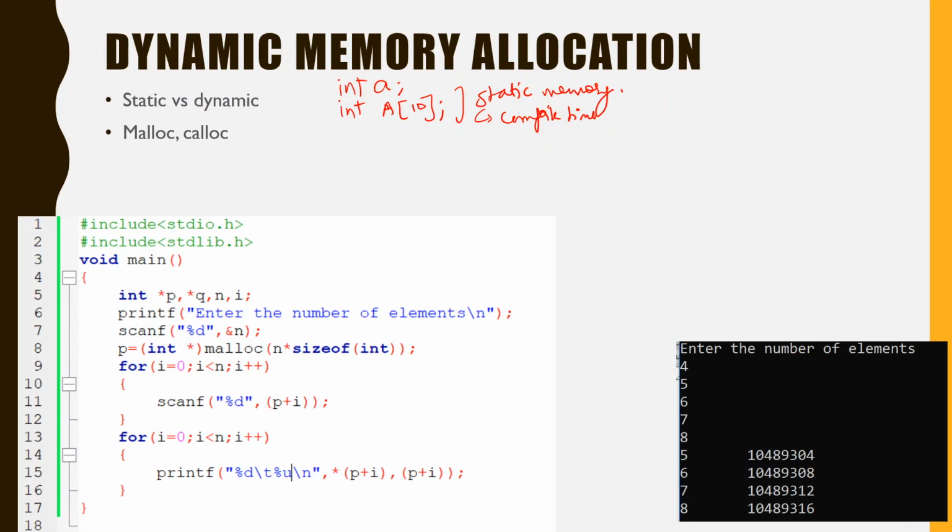Suppose you have declared an array of 10 elements, and you have used only 2 elements of them during the program. The remaining space for the 8 elements, which was statically allocated during compilation, will get wasted in the program.